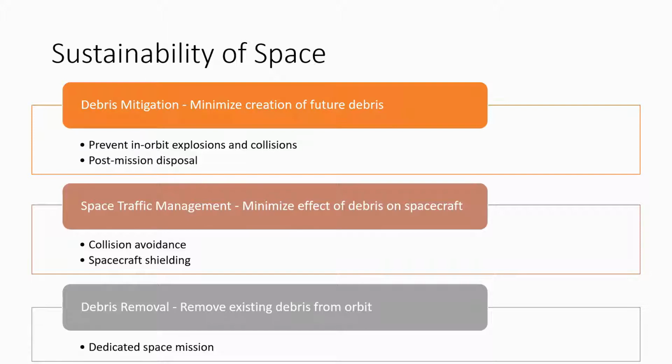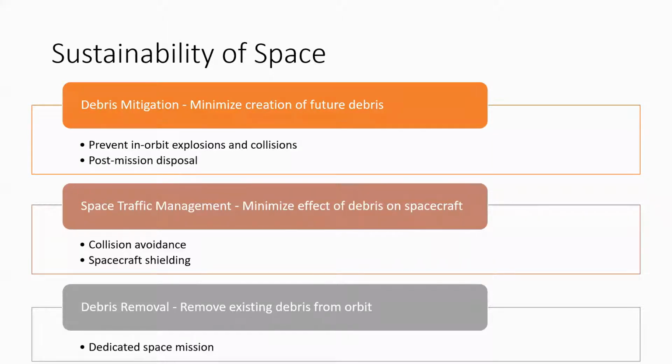So we can't do anything about that, but we can reduce the risk of increasing that number again, like we accidentally did during the Iridium-Cosmos collision and the Chinese anti-satellite test.